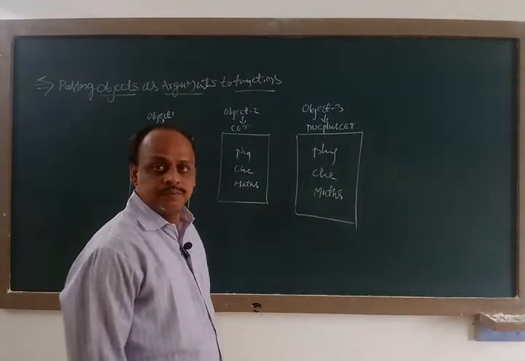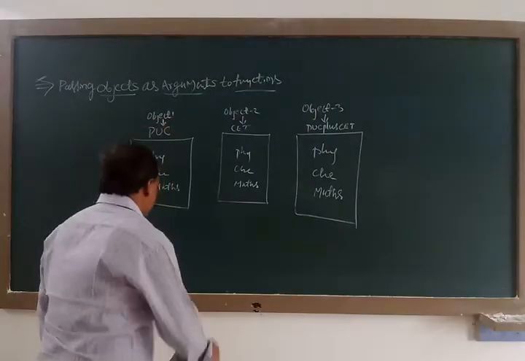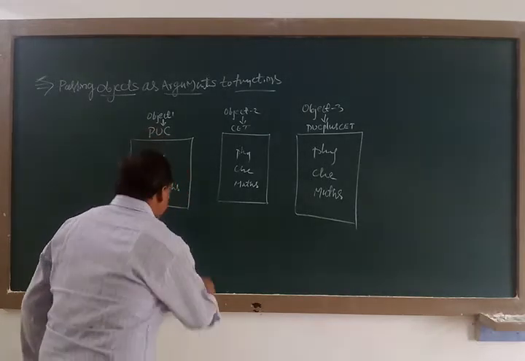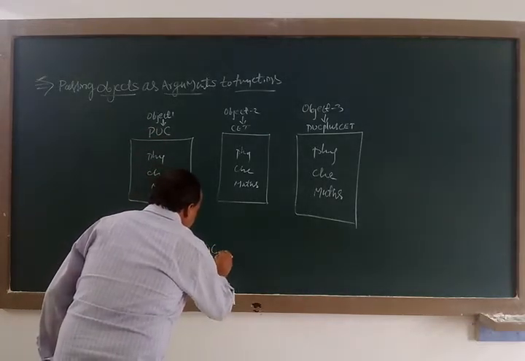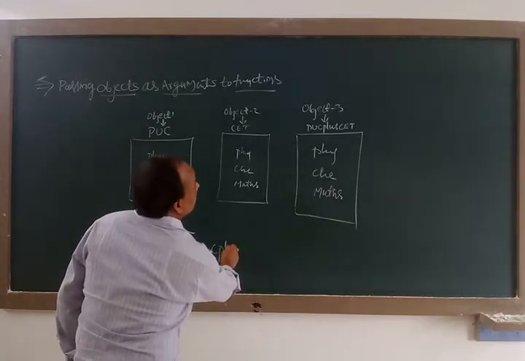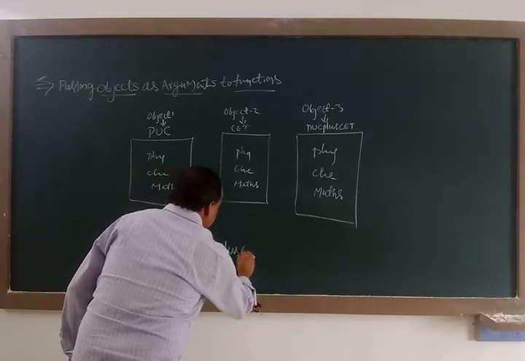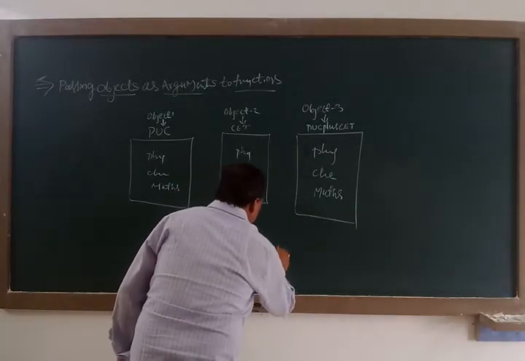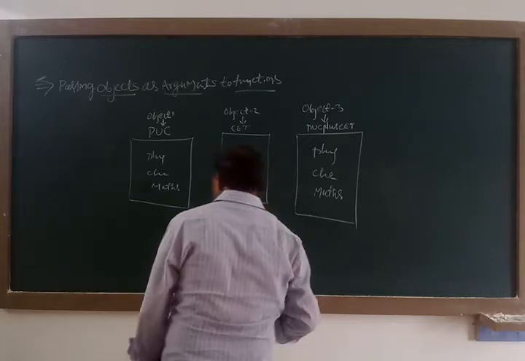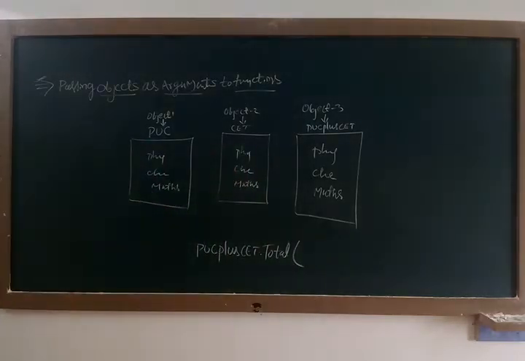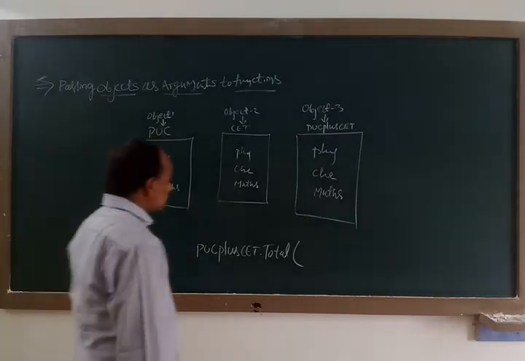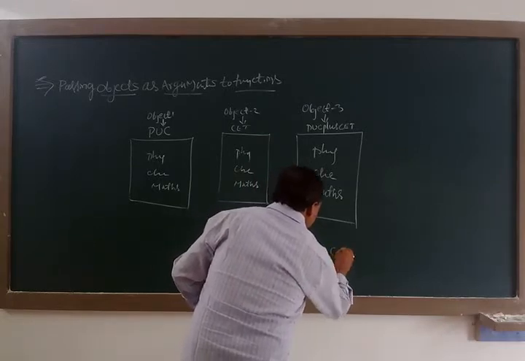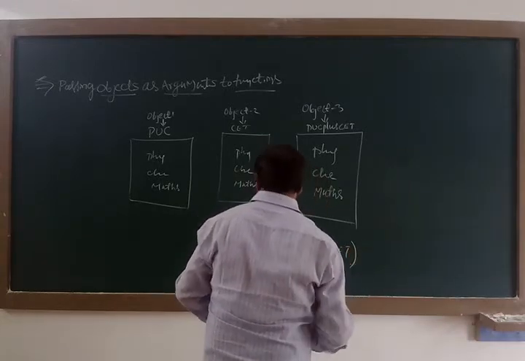Okay, now see here. PUC plus CET dot total of PUC comma CET, right?